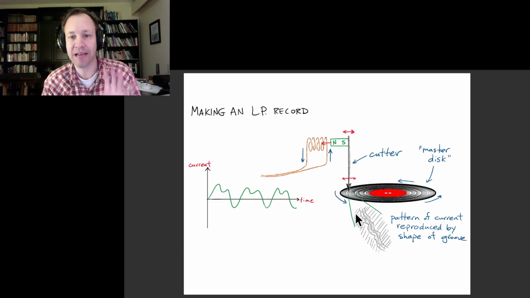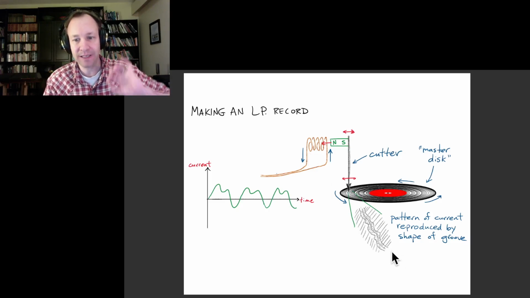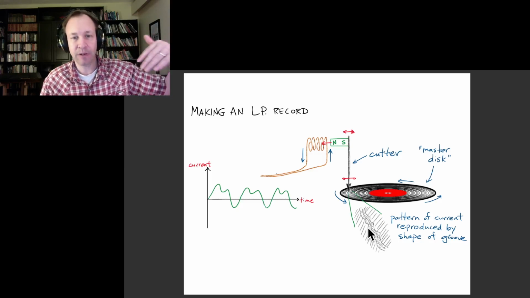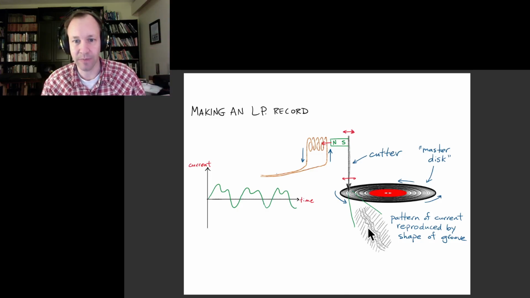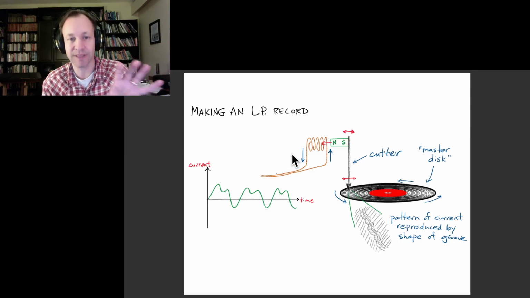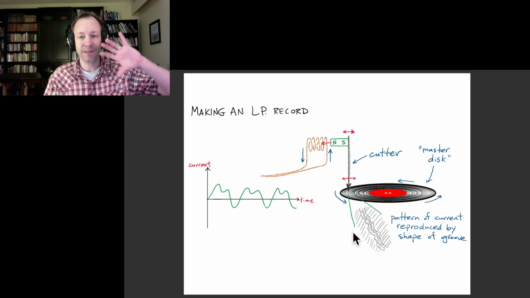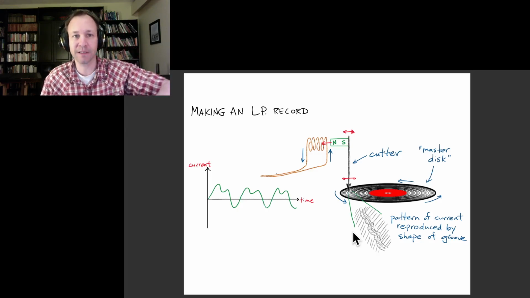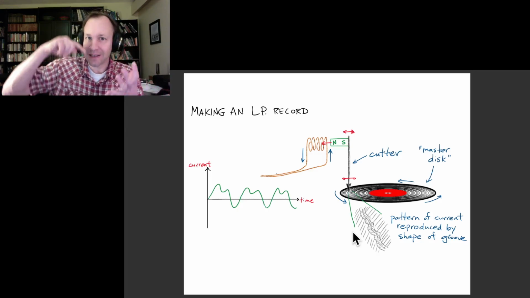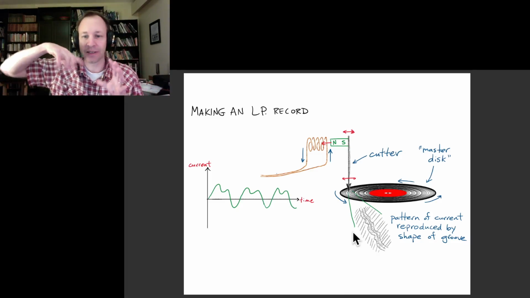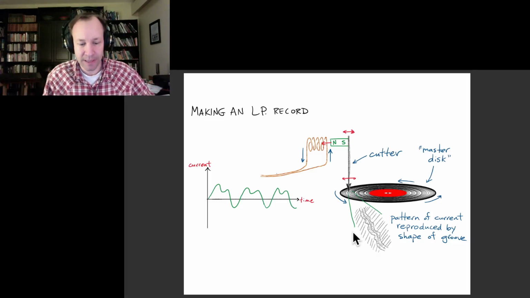And that's how you end up with this specific shape for the edges of your groove that reproduces the time graph for the sound wave that we're trying to record. Okay, so it reproduces whatever electrical signal you send in; that determines the shape of the edge of the groove.